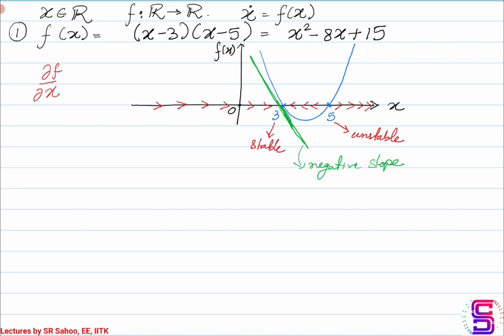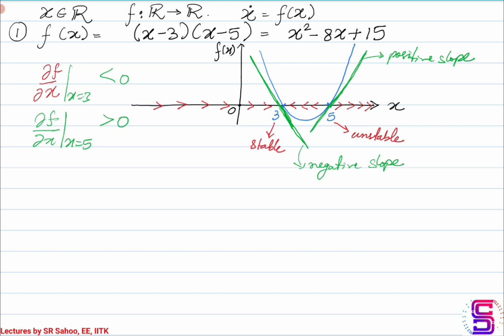And similarly, at x equal to 5, you have a positive slope, right? So at x equal to 3, del f by del x is negative, and at x equal to 5 it is positive. And note that x equal to 3 is a stable equilibrium point and x equal to 5 is an unstable equilibrium point.